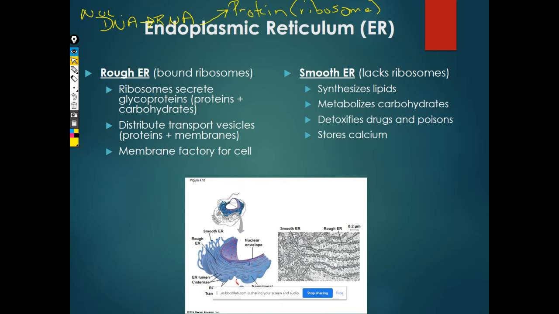So if our RNA is going to the rough ER, we already know the main thing it's going to kick out is proteins, all sorts of stuff with proteins in it.